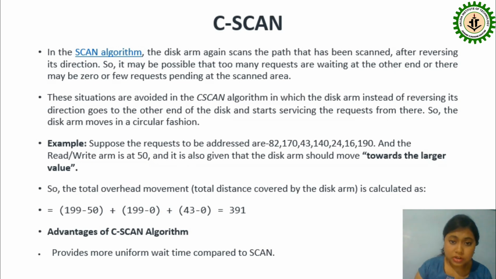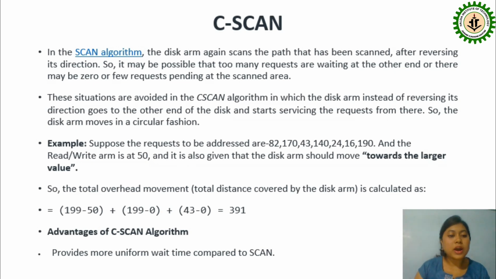Then from the larger value we go to the first position at the other end, which may also be 0. Here in our condition, that is 0. So we go from 199 to 0, and then from 0 we again start moving towards the other values.